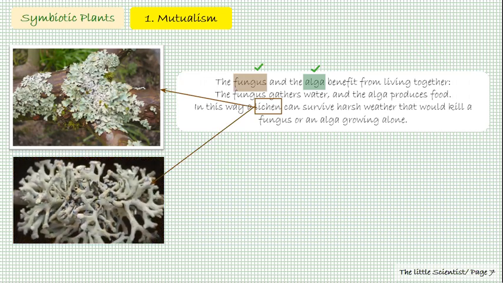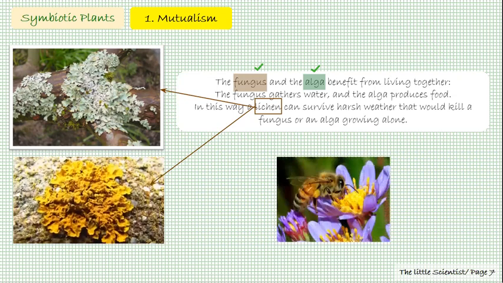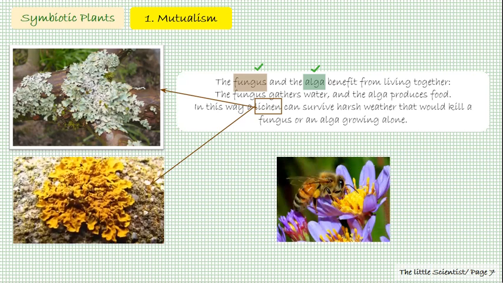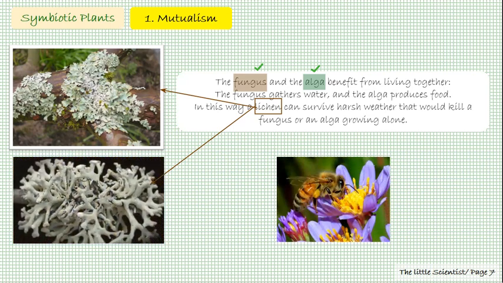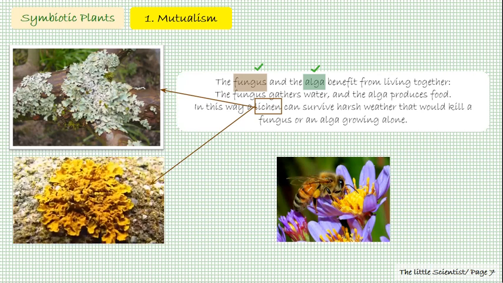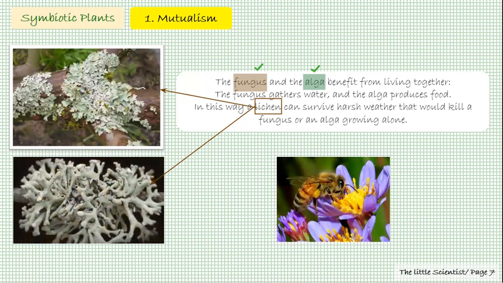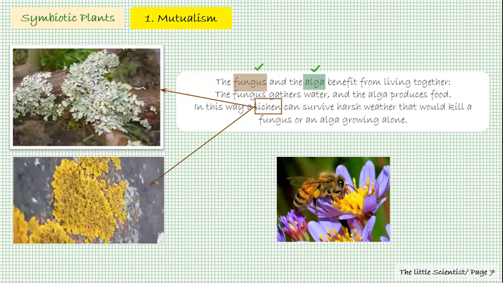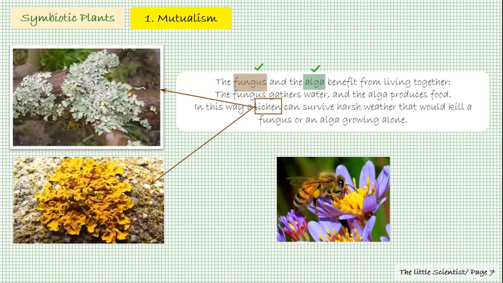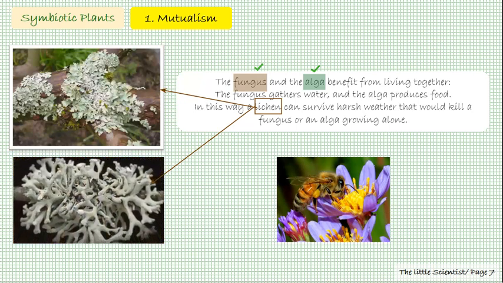Okay, another example of this kind of relationship is the relationship between bees and flowers. Bees take nectar to make honey, while flowers get pollinated. Pollen grains are moved from the male part of the flower to the female part.